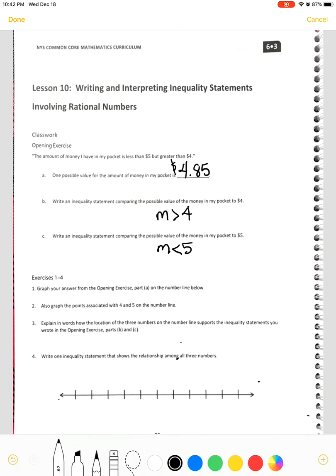Now, could we put these two together? Yes, we'll talk about that in a bit. But you could say, all right, we have our money amount, and we're comparing it to 4 and 5. So in the past few lessons, we worked on ordering integers. We worked on ordering all the other rational numbers, so decimals and fractions, putting them in order from either least to greatest or greatest to least. And why did we do that? Well, one important thing that we're going to do with that info is write these inequality statements.